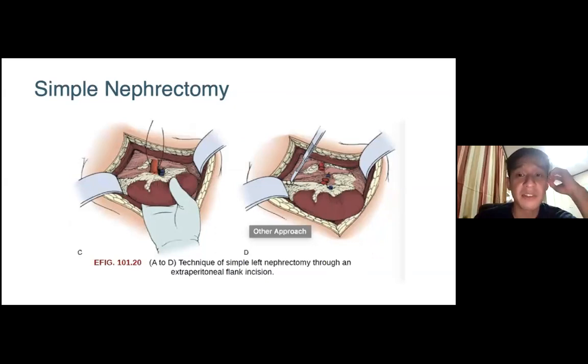Including the psoas fascia in the dissection may be helpful if necessary. In cases of a large hydronephrotic kidney, in which exposure is difficult, you can puncture and aspirate the renal contents, and this may decompress the kidney and aid in exposure.